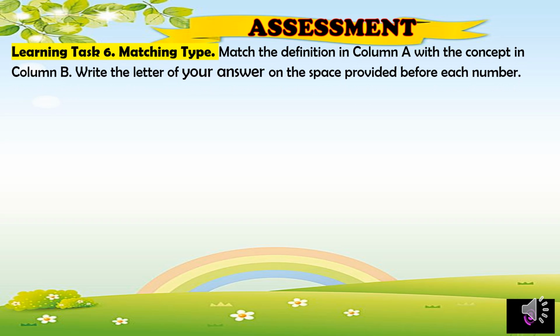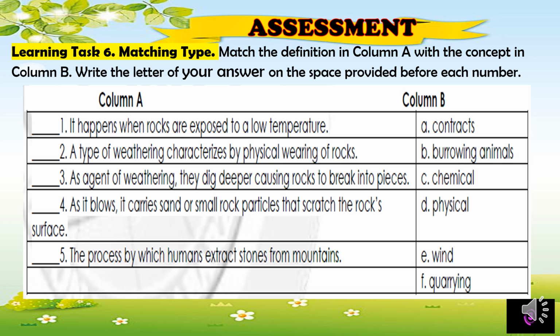For the assessment, learning task 6, this is a matching type. Match the definition in column A with the concept in column B. Write the letter of your answer on the space provided before each number. So for column A, we have 1. It happens when rocks are exposed to a low temperature. Number 2.